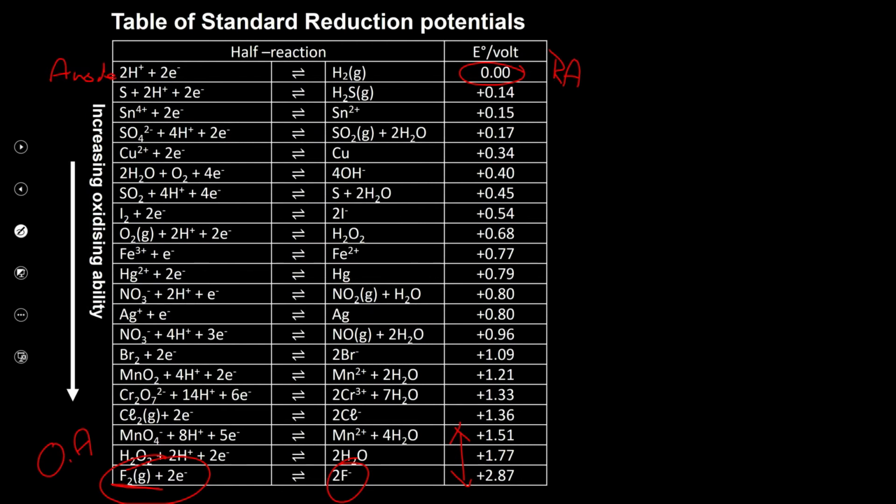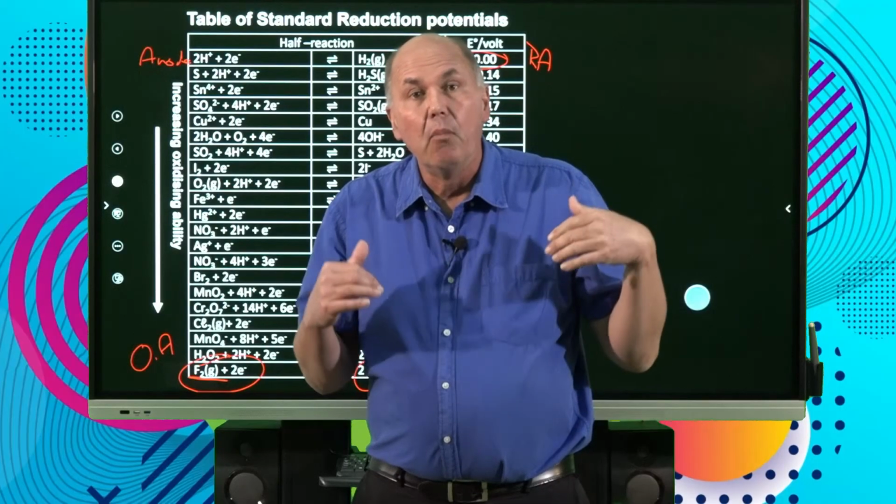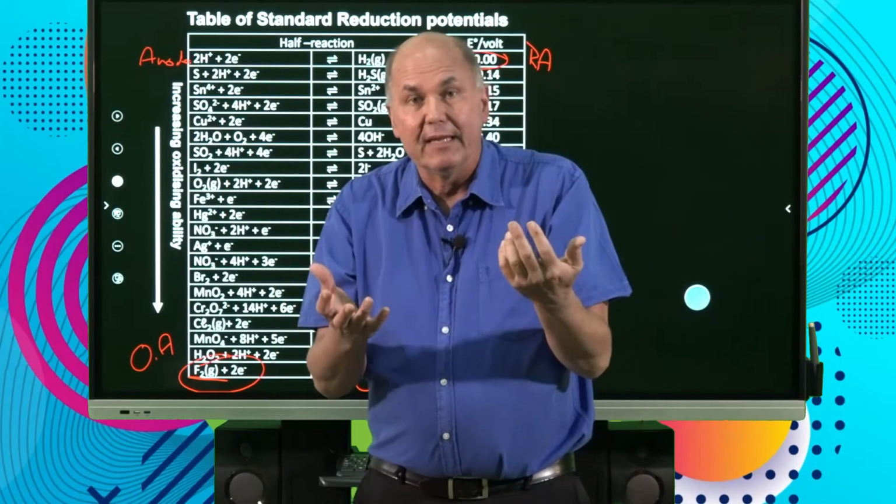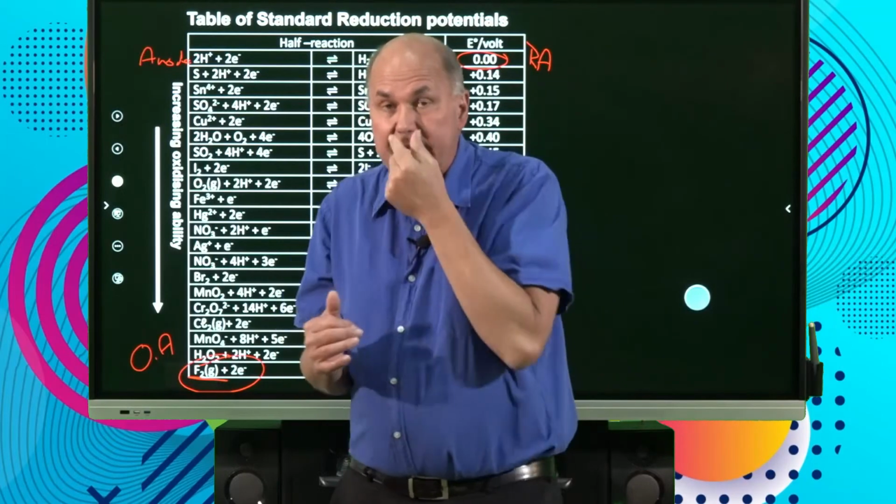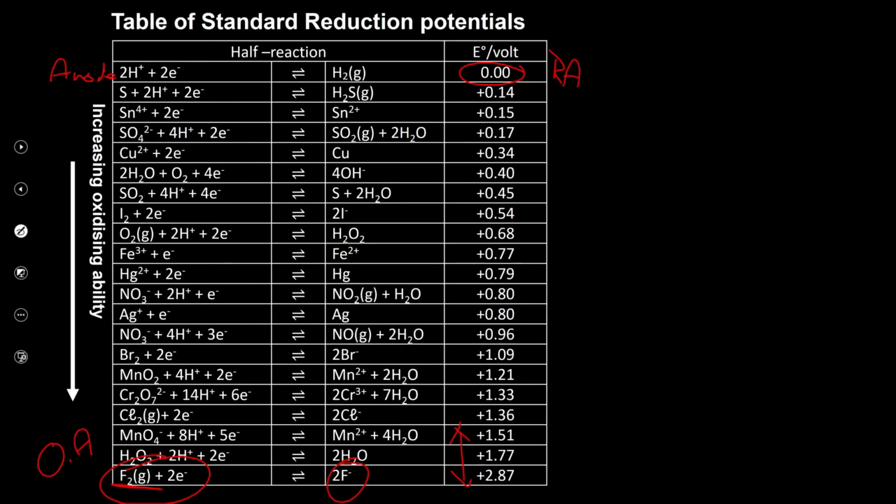So we always recognize that the more negative something is, the better reducing agent it is. So even if we were to take, for example, something like iron 2 here and compare it to silver, we'd recognize this is plus 0.77, where silver is plus 0.80.